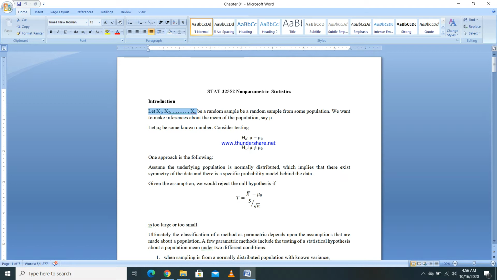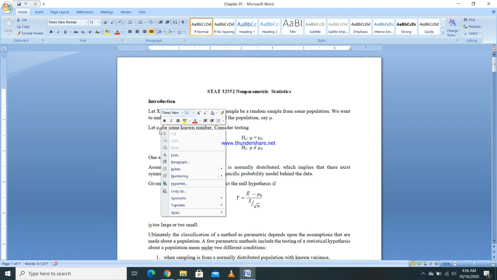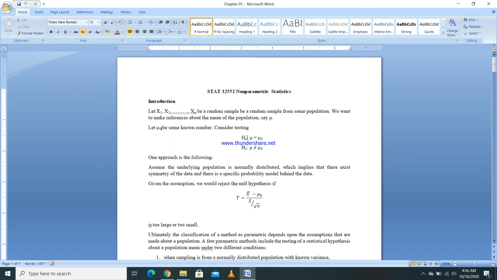In this case, let's say we want to test whether the population mean value is equal to a given value mu naught. In that case, you can write H naught as mu equals mu naught, and your alternative as mu not equal to mu naught.